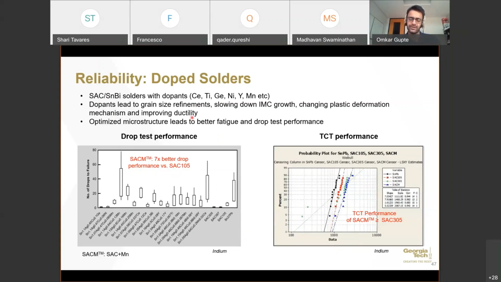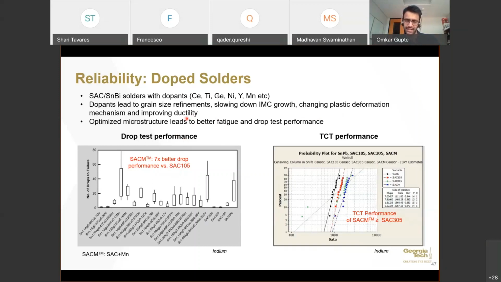The way this happens is that these dopants lead to some grain size refinement in the microstructure. In some cases, they slow down the intermetallic formation and growth, which helps in slowing down the crack propagation. And sometimes they change the plastic deformation mechanism and end up improving the ductility of the solders.